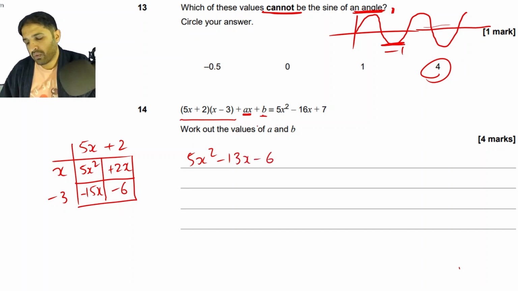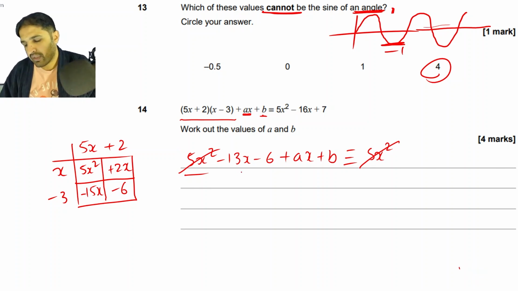Okay, we also have ax and b, so plus ax plus b. Which should be identical. The 3 equal sign means identity. It should be exactly the same as 5x squared. So 5x squared and 5x squared, they're the same. Okay, so we don't really need those.